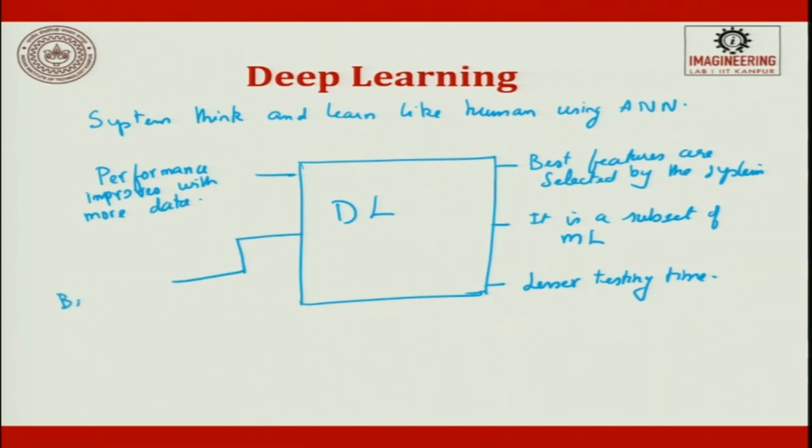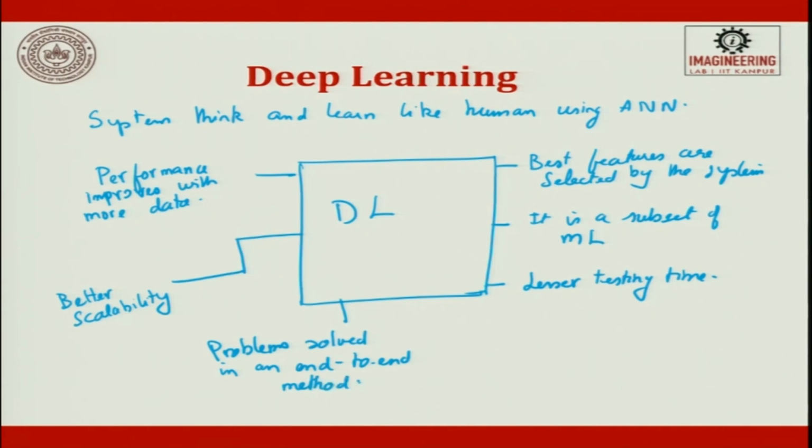So, it is better scalability. Problems are solved in an end-to-end method. So, these are the advantages of deep learning. System thinks and learns like a human being using ANN. That is what is deep learning.